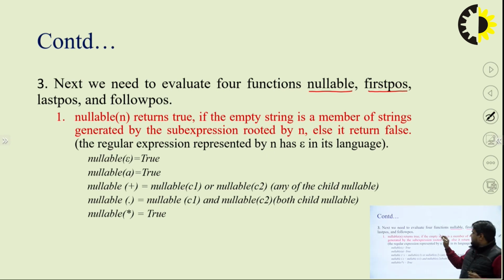Basically we will start with nullable. Nullable returns a true or false value. It means: if the empty string is a member of the strings generated by the sub-expression rooted at n.